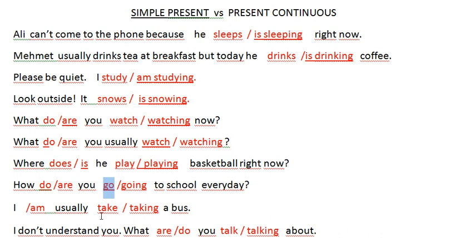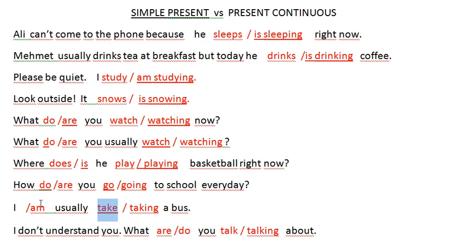And the answer is, I usually take a bus. I'm not saying I am usually taking a bus. That's not correct. So I say I usually take a bus. And when we use the simple present tense, we don't use the helping verb between the subject and the verb.